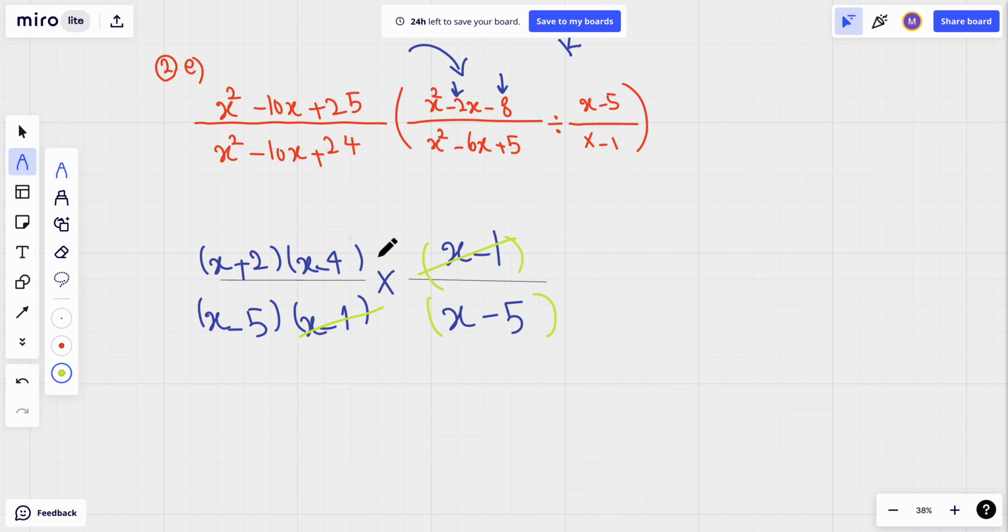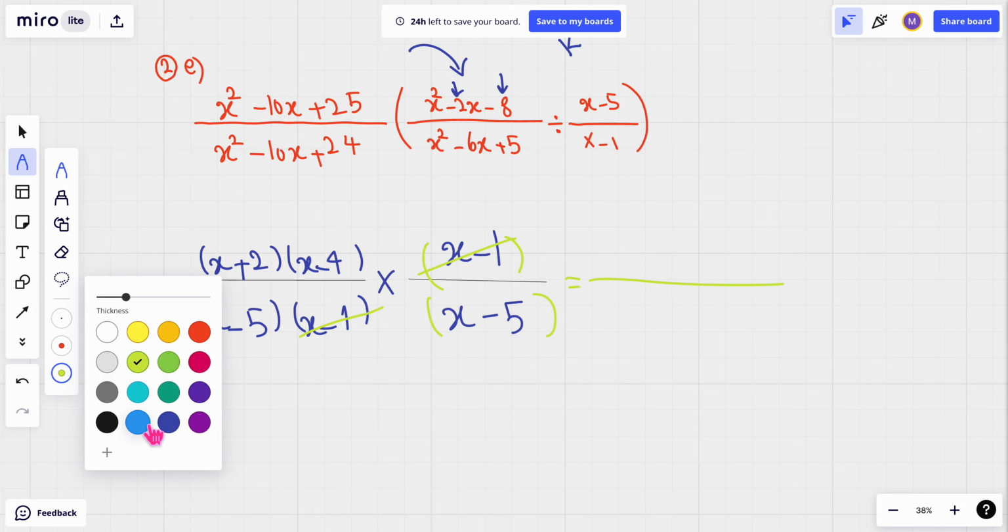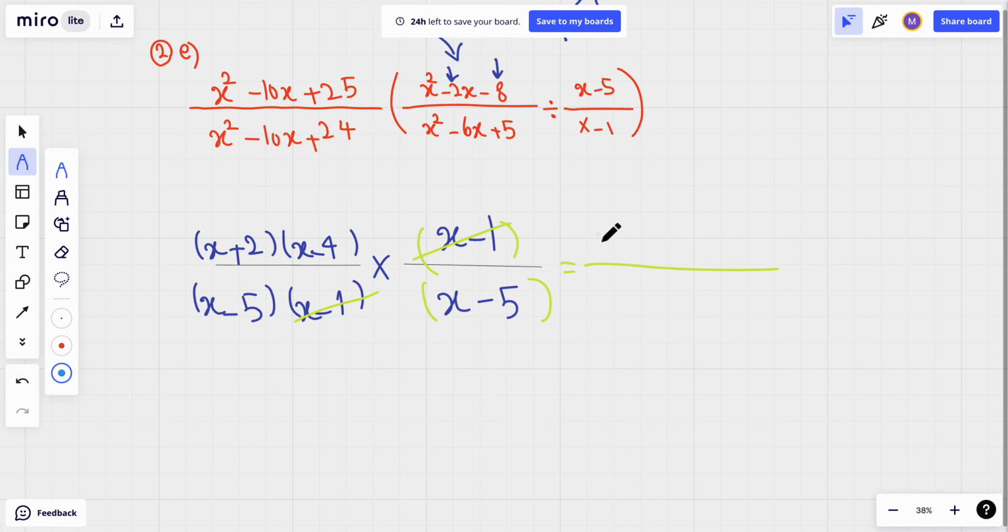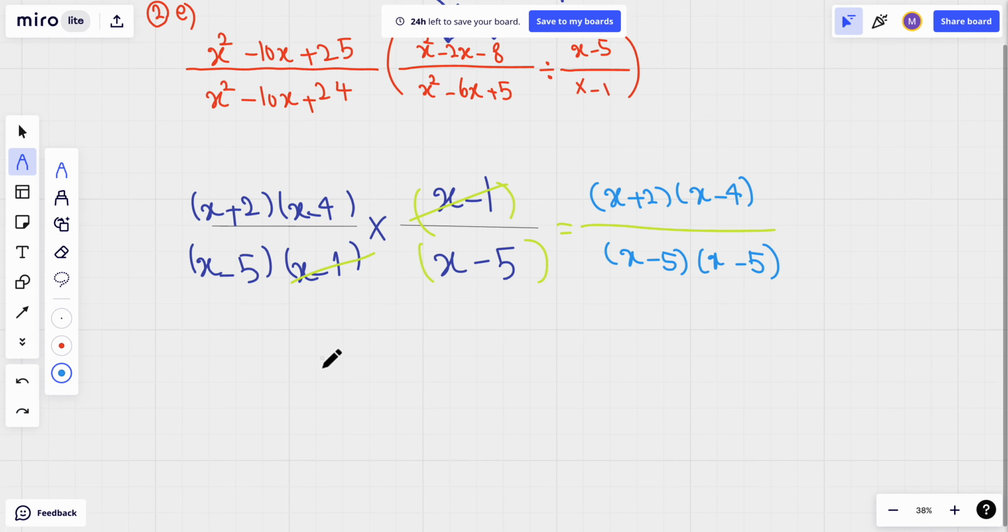I'll rewrite it so that we know what we have left. I have an x plus 2, an x minus 4, an x minus 5, and another x minus 5. I'm going to leave this at this stage and I'm going to try to simplify the first fraction.